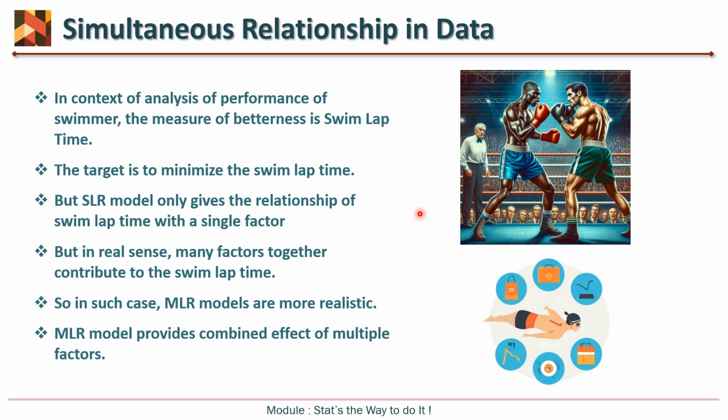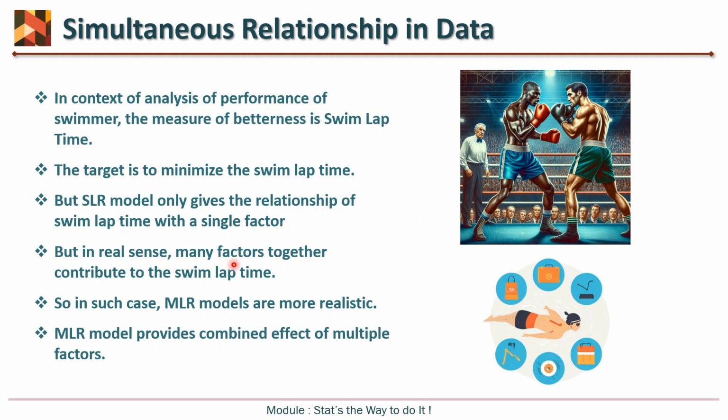In the context of analysis of swimmer, the measure of betterness was swim lap time, and in that video, the link of that video will be here in the captions, we understood the relationship of age on swim lap time. So the SLR model only gives the relationship with a single factor, that is age.